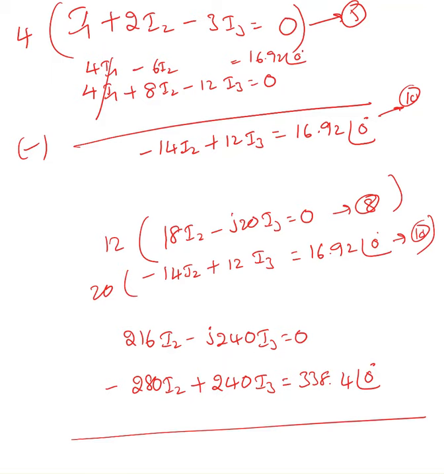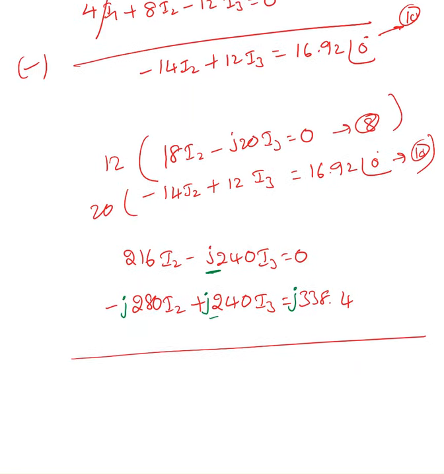Can I subtract these two? Remember, this equation has a J term, this doesn't have a J term. You cannot eliminate those two like this. So I'm going to multiply this with J again, so no more angle. J is nothing but a 90-degree angle, so you can add that later on.